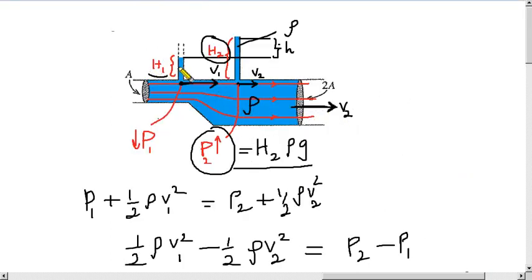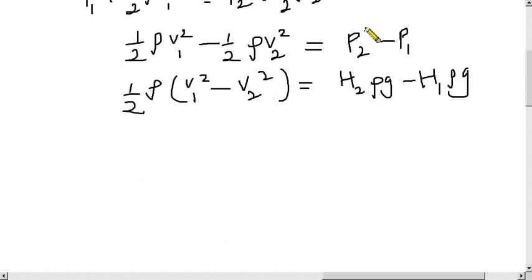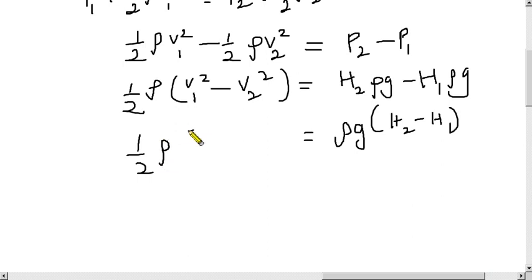Now here also you can take rho g out because common, H2 minus H1, then half rho V1 squared minus V2 squared.